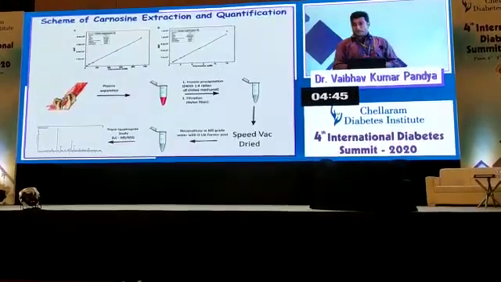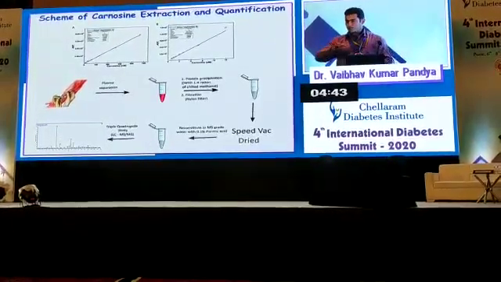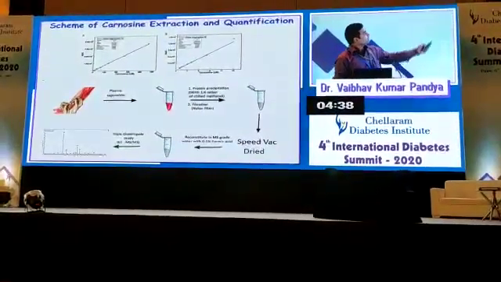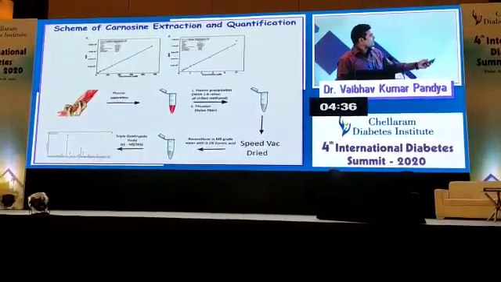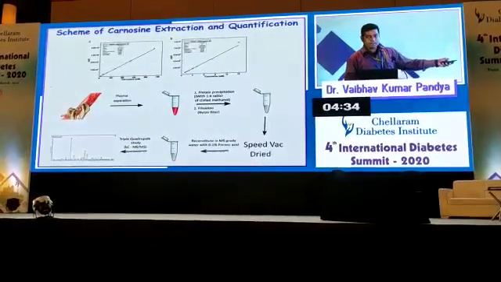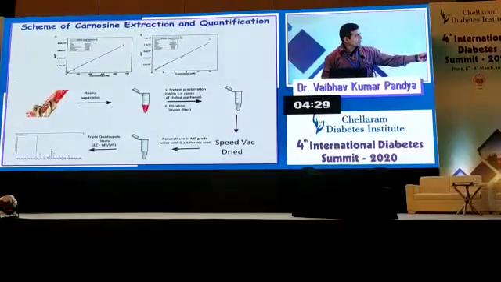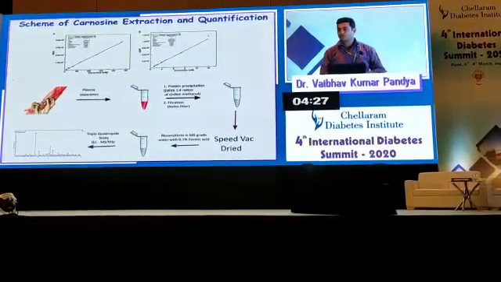With this, we first prepared the standard curve using the pure compound, and then we performed the extraction and quantification of carnosine. A blood plasma sample was taken, 100 microliters of plasma. We precipitated the protein using chilled methanol, dried it in a speed vac, and ran the whole method.